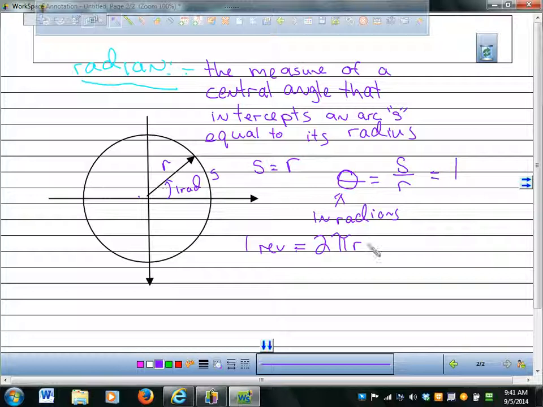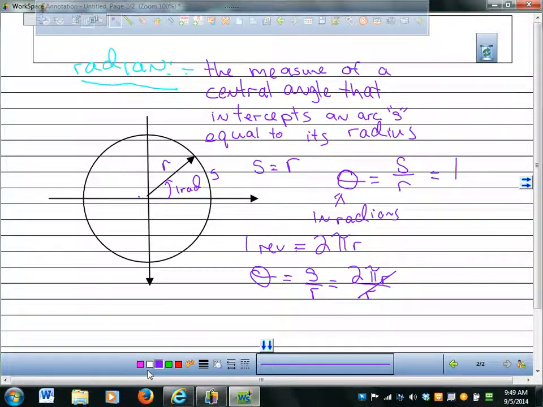So if I want to know theta when I go one full time around the circle, S over R is equal to 2 pi r over r. So what's theta equal to?